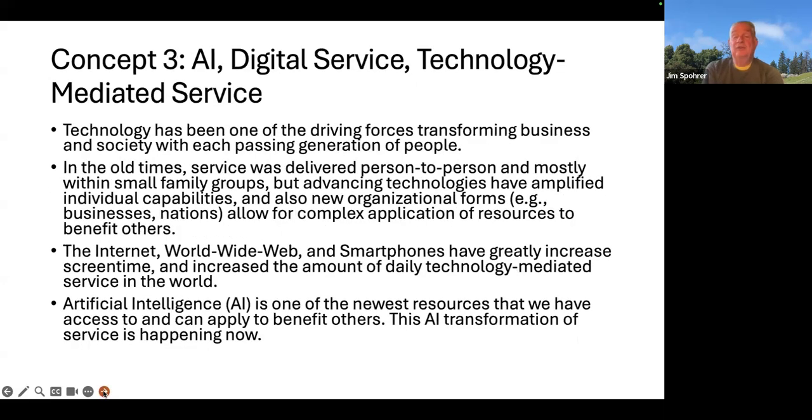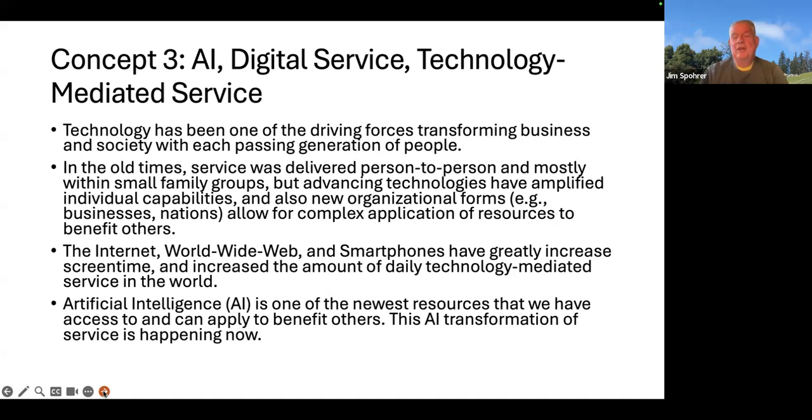The third concept is artificial intelligence, digital service, and technology mediated service. And technology has been one of the main driving forces transforming business and society with each passing generation of people, of course. The ISSIP website, I should mention, has lots of examples of service innovation and different types of technology-enabled service.